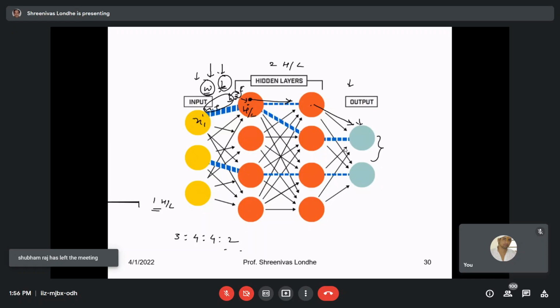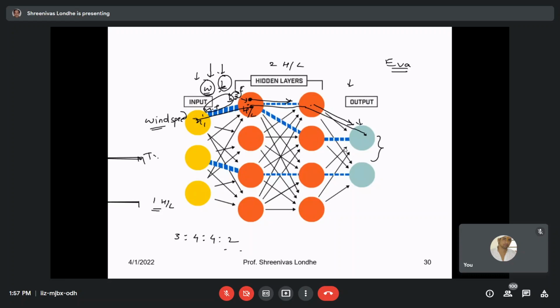Suppose I'm designing this neural network to find out the evaporation. I have used wind speed as one input parameter, maximum temperature as another, and minimum temperature as another. So 3 inputs are there. Using the wind speed, maximum temperature and minimum temperature, my expectation is evaporation and transpiration both. I need to find these 2 outputs, the final products.